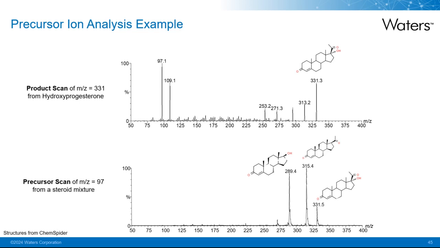If you look at the precursor scan of m/z 97 for a mixture of these three steroids, we can see the precursors that generate the product ion. In this case, we see testosterone at m/z 289.4, progesterone at 315.4 and hydroxyprogesterone at 331.5. So you can really see a difference between these three compounds with this type of analysis.